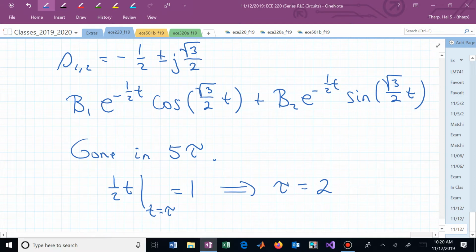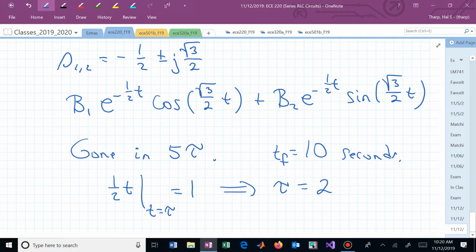Tau is 2 in this case. Our time constant is 2. So now we wouldn't need to worry about this after 10 units of time. So now infinity is 10 seconds.